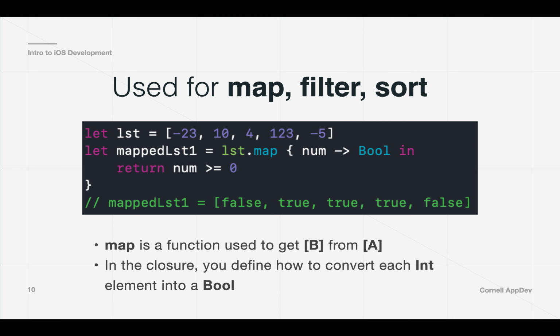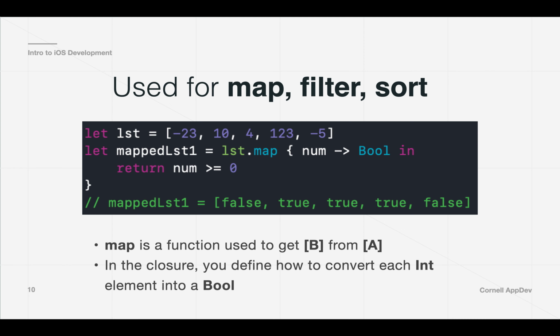This is very commonly used for passing a function to another function. For example, if you've used the map, filter, or sort functions, they tend to apply a function on every single element of an array. Let's say you have this list, and you want to apply some sort of mapping of seeing if the value at each index is positive or negative.